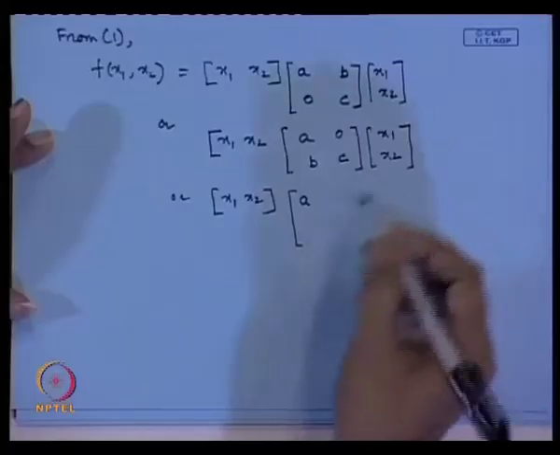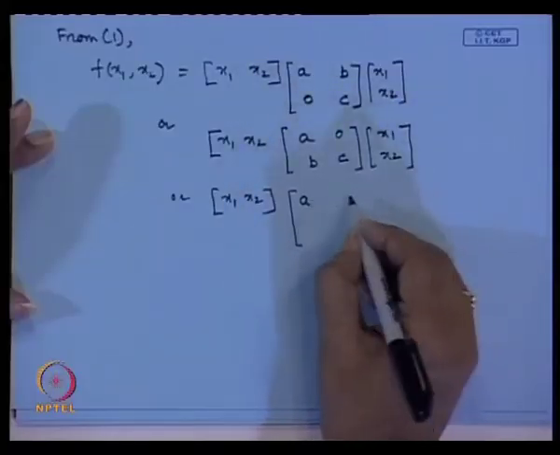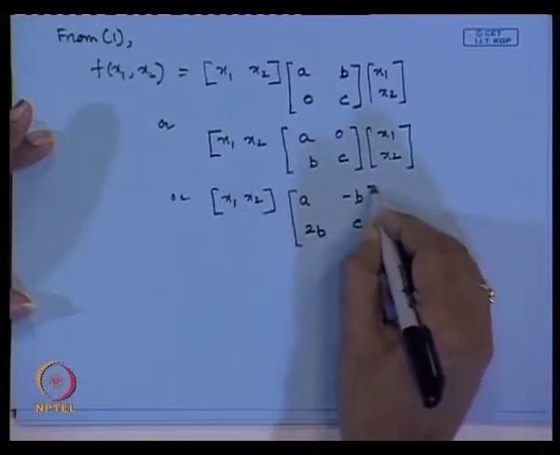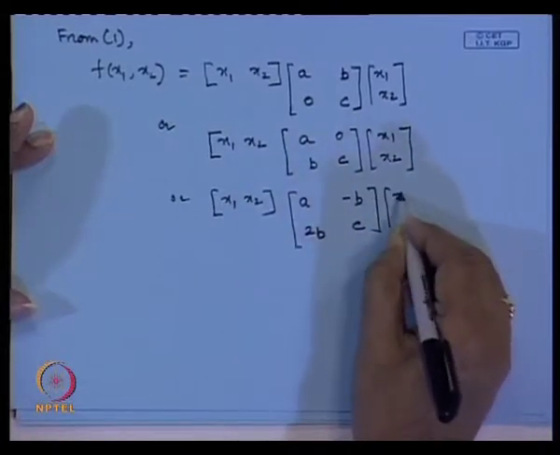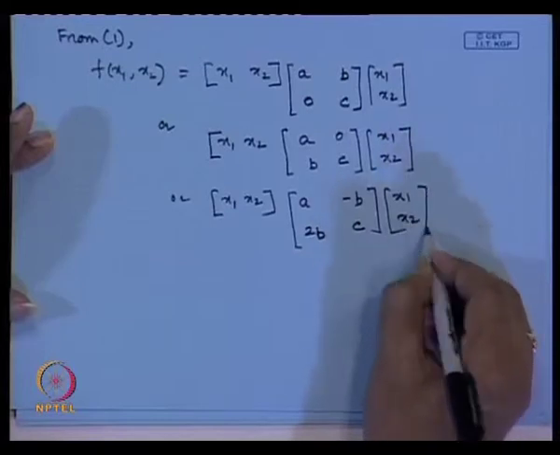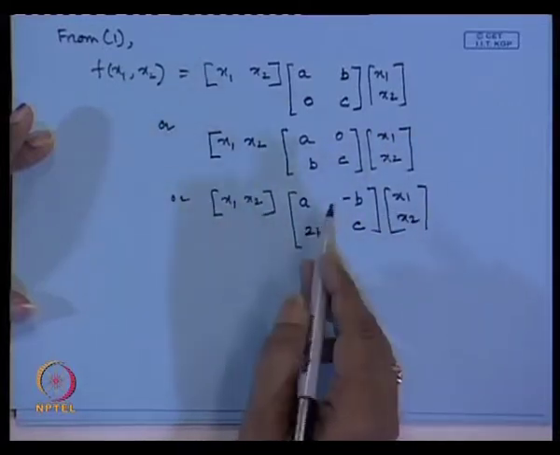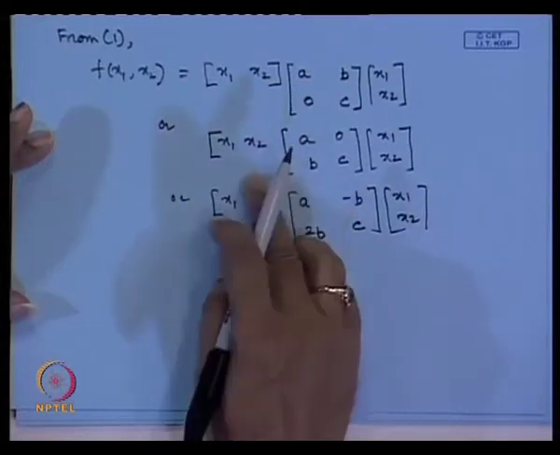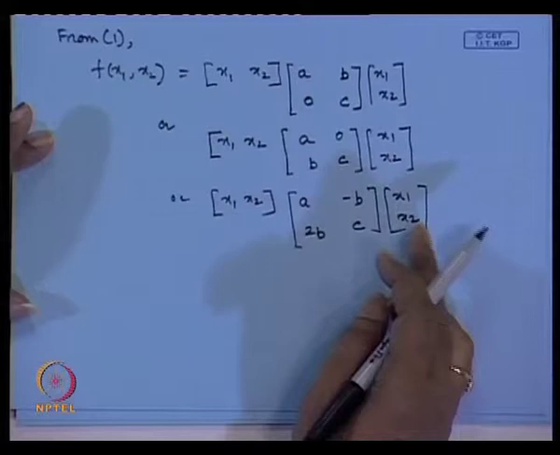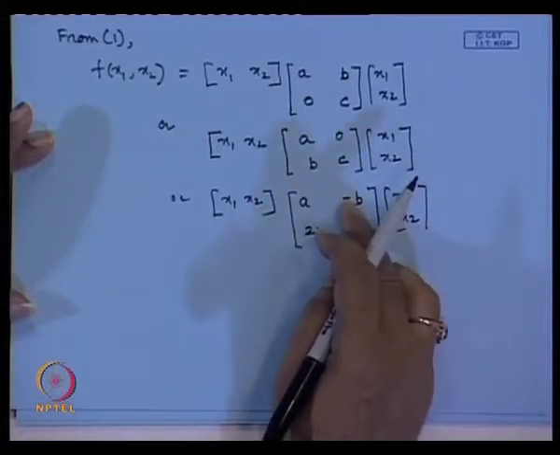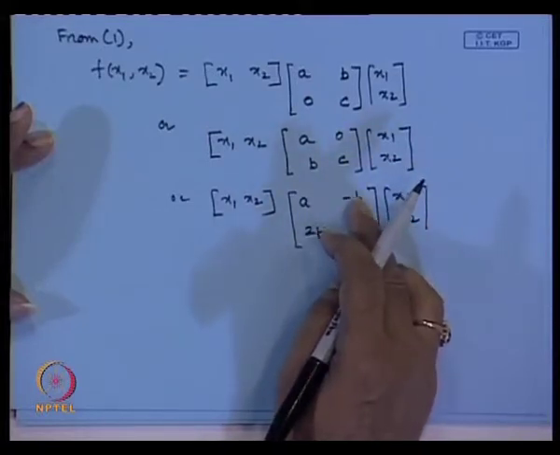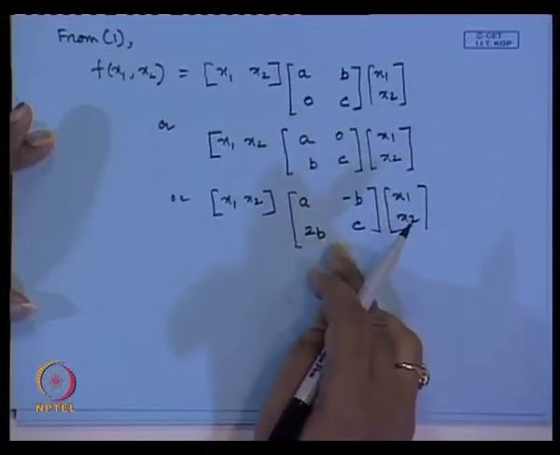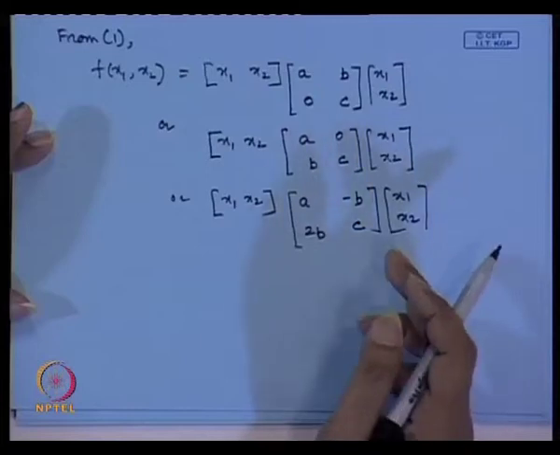So, I can write minus b and 2b, and c like this way. You see, if I write this expression, it will be a x1 square, then c x2 square, then minus b x1 x2, again there is 2b x1 x2. If you simplify, only b x1 x2 remains.